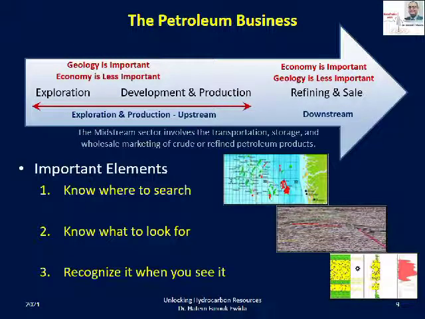The important elements are to know where to search, where I can find the petroleum accumulation, know what to look for, meaning the tools to use for that, and then recognize that this is a hydrocarbon trap or hydrocarbon accumulation when I find it.